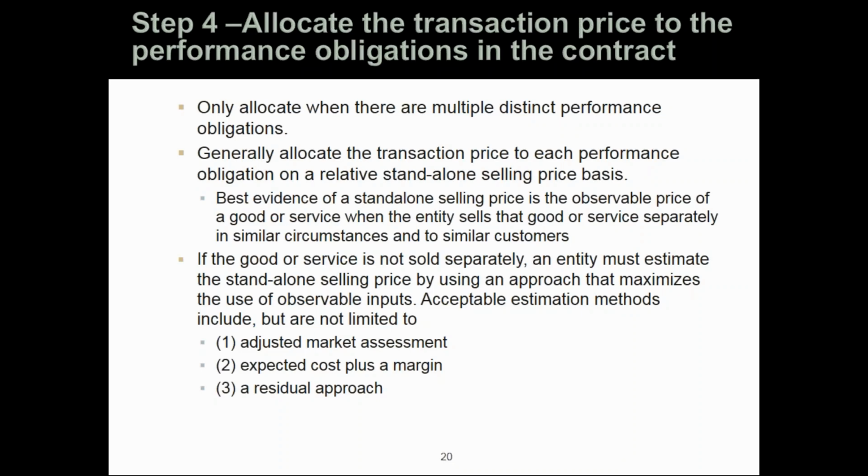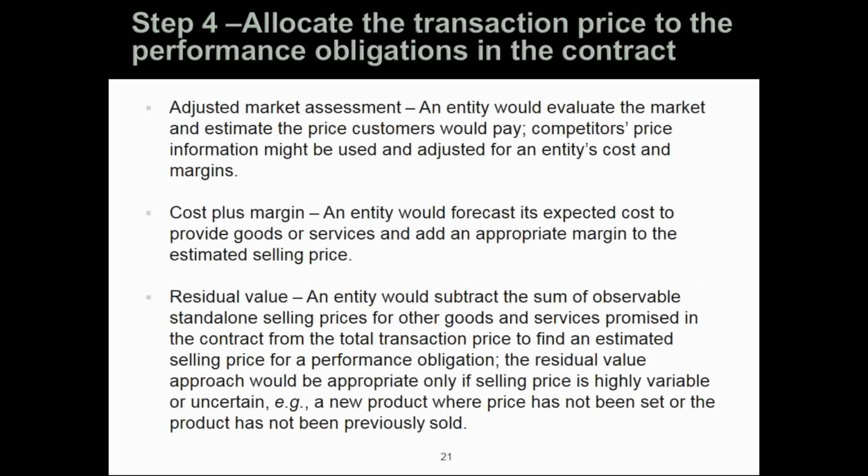With the adjusted market assessment approach, the entity could evaluate the market in which it sells the goods or services and come up with an estimated price that they expect the customer would be willing to pay for that good or service. So with this approach, the entity may look at competitors and what competitors charge for similar goods or services, and then adjust those prices as necessary to reflect the entity's costs and margins.